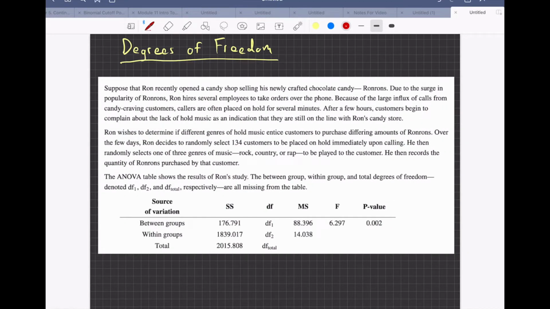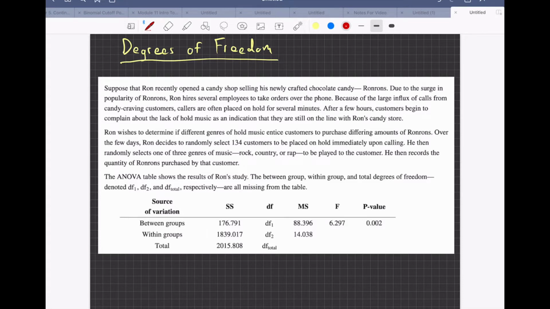Degrees of freedom. Something related to this kind of ANOVA test is that you will have to compute the degrees of freedom. I'm going to explain here how to compute them. Suppose the example says, suppose that Ron recently opened a candy shop selling his newly crafted chocolate candy, Ron Runs.